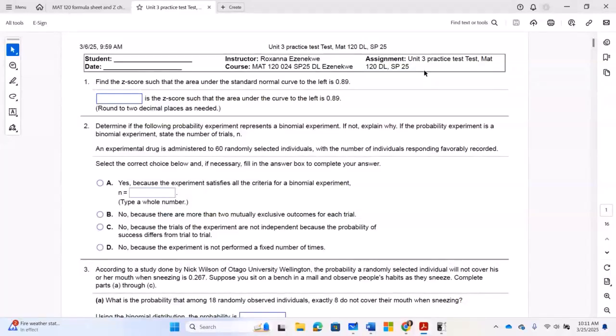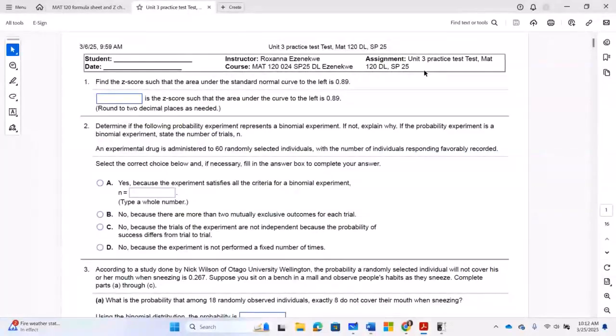They asked us if we have a sample size, with the number of individuals responding favorably recorded. Select the correct answer and fill in the answer box. It says yes, because the experiment satisfies all the criteria for a binomial experiment.